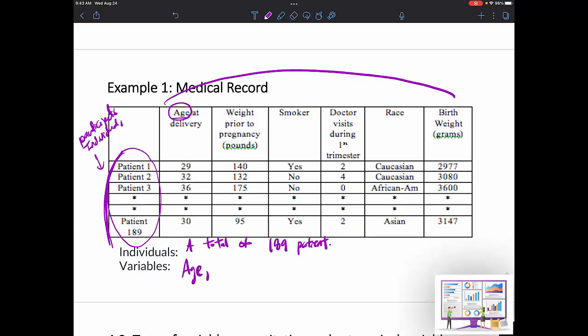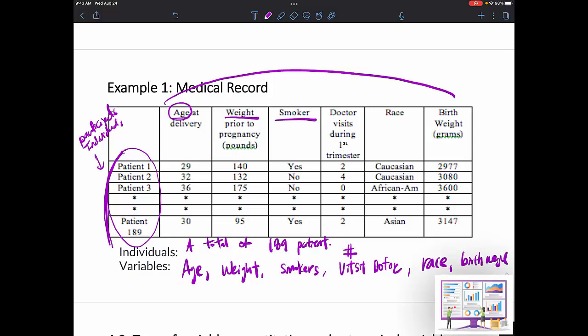What other variables did I collect? Weight. I collected their weight. And then what else did I collect? Whether they are a smoker or not. What else? Whether they visit doctors. I want to know the number of visits to the doctor. What else did I collect? Their race and then the birth weight of the baby. So these are variables.